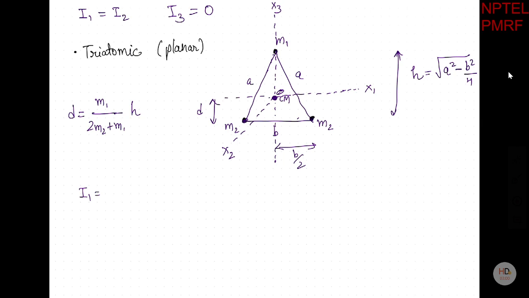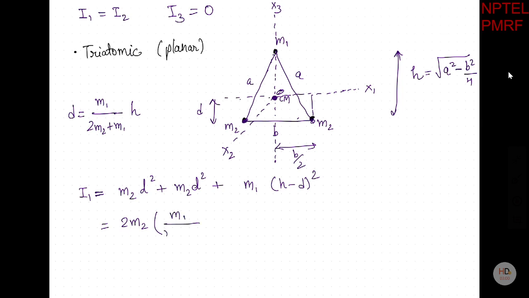So then d would be m1 divided by 2 m2 plus m1, times h, right? So I1 would be, let's say we are calculating for this m2. For that, m2 is d distance away from the axis. So m2 d square. Same thing again for this one. It's d distance away. So m2 d square plus m1 times (h minus d) square. Right. So 2 m2 d square. D square we calculated in terms of h.